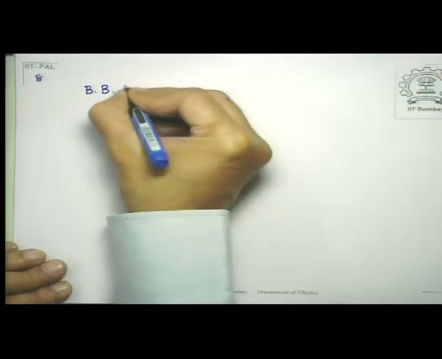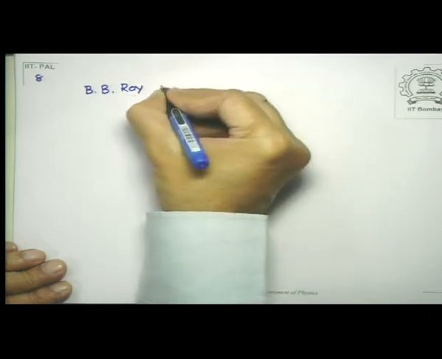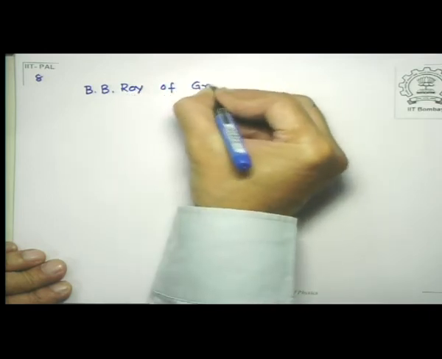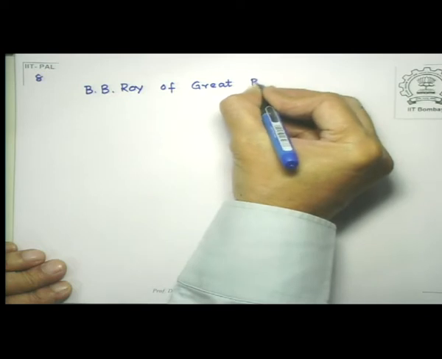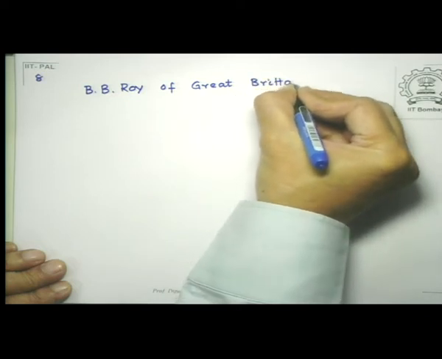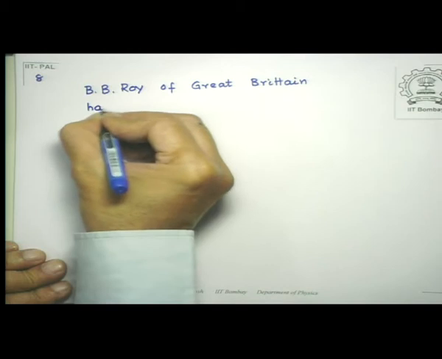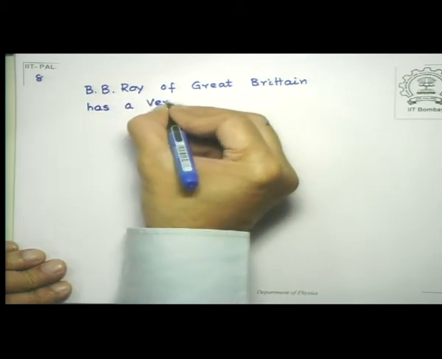Of course, you would wonder how one ever remembers such things. When we were in school, we were given a mnemonic to remember this. You might have your own, but the one that I learned is a phrase like this: B.B. Roy of Great Britain has a very good wife.